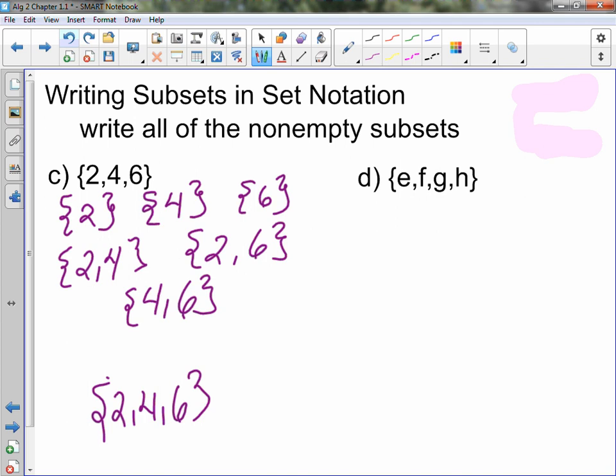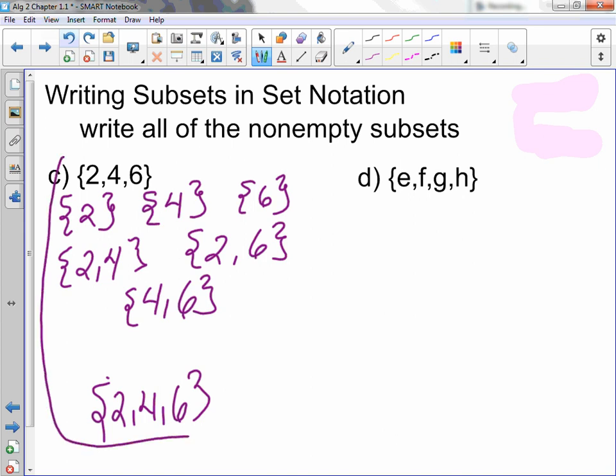Why wouldn't I do 4, 2? Yeah, it's just a different order because we already have 2, 4. So 4, 2 wouldn't add anything. So that's all the subsets we could have for 1 with 3.